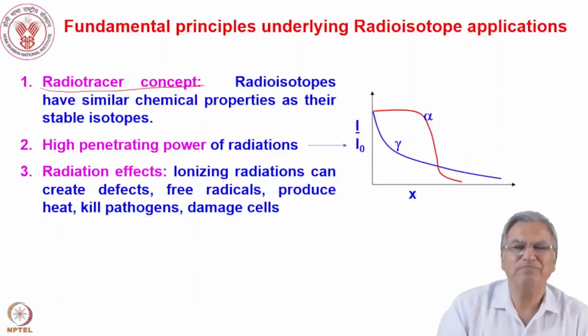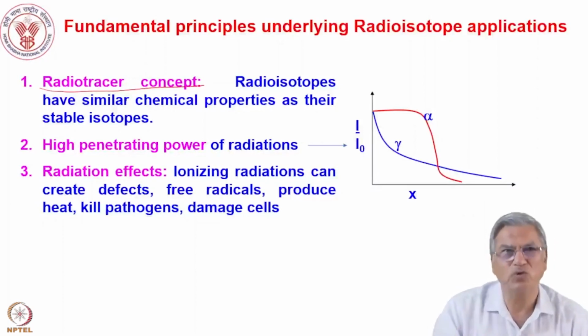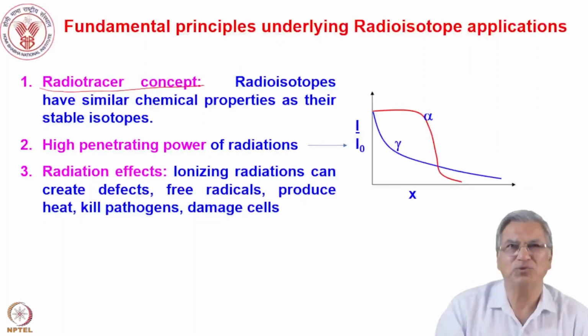The underlying principle is that the radioisotopes have the same chemical properties as their stable isotopes. So this property of radioisotopes helps them to trace the path of their stable isotopes. You take any industry or even a chemical reaction where you want to understand the mechanism, then you can label one of the atoms with the radioactive atoms and see how this particular reagent is moving in the chemical system.